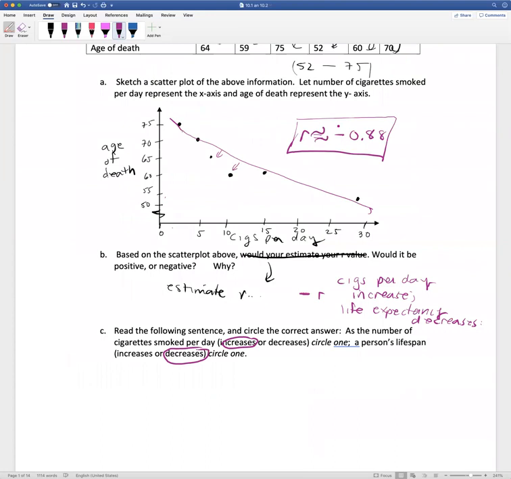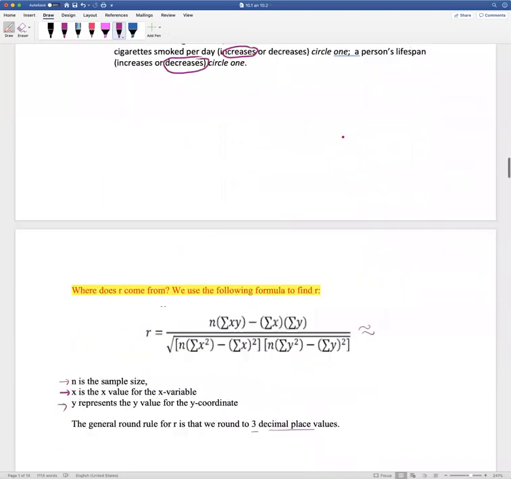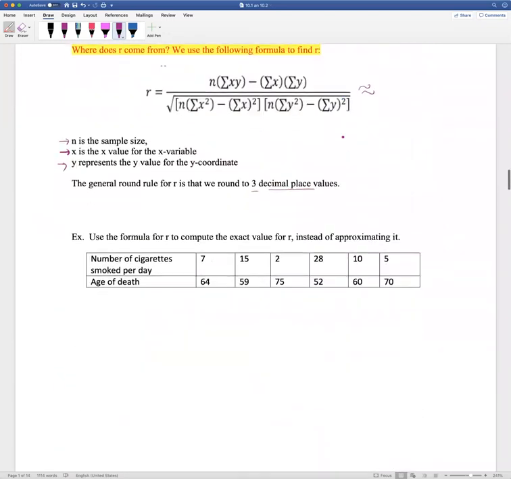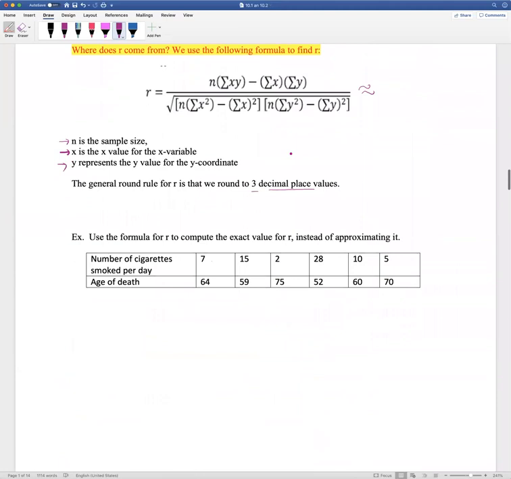The approximation is what happens when you graph the points and see it's kind of linear, with a positive or negative slope, and you give it a value you think would represent it well. This is how we find the exact value for R, using this formula.